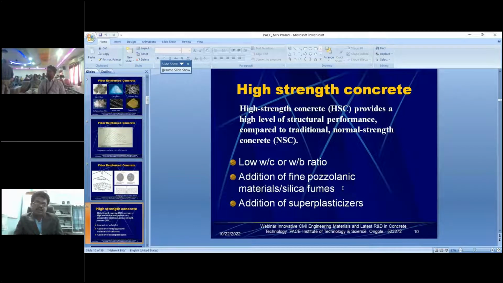One way you are utilizing the waste, and another way you are reducing the cement content and utilizing it as a binder, so that durability properties are increased when you are adding these pozzolanas. Because of this pozzolanic action, there is an improvement in the strength, and additionally there is a pozzolanic reaction, so they are very useful. Use only that much cement as is required for the hydration process, and then afterwards go for using these pozzolanic materials.